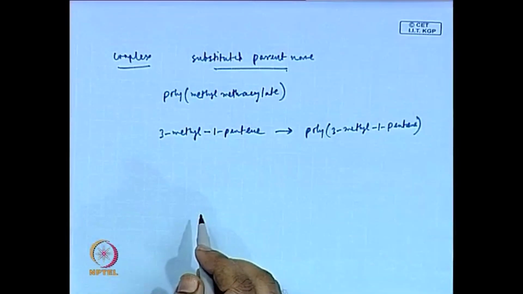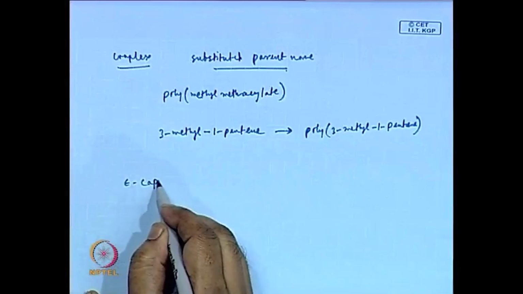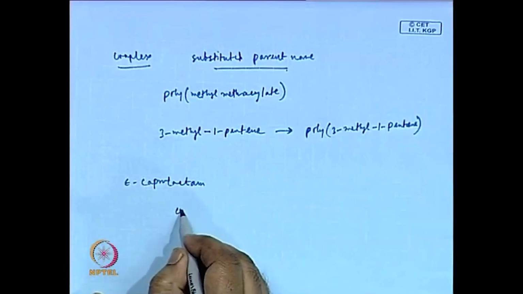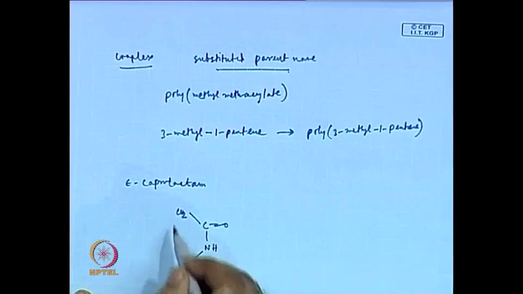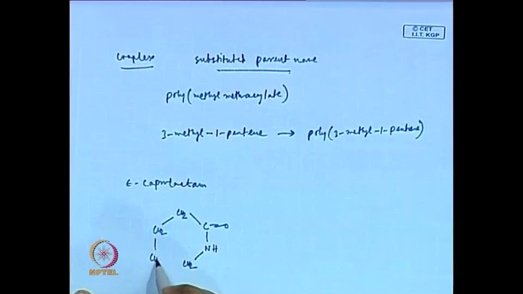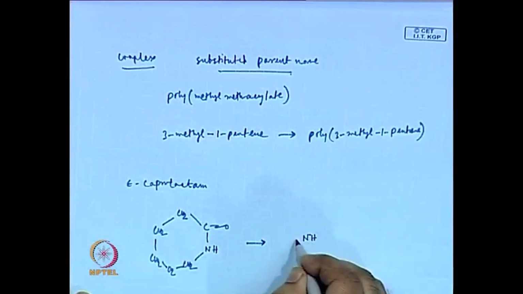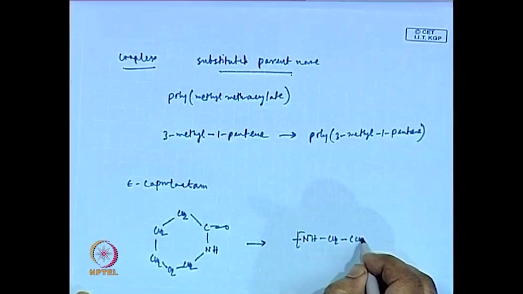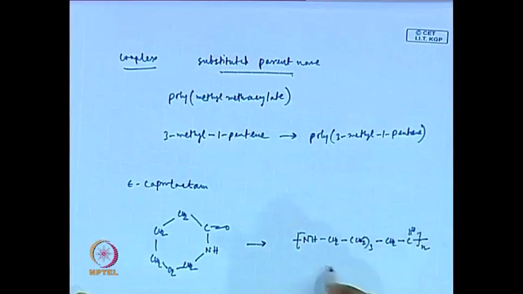So, if I have a monomer like this, caprolactam, by ring opening polymerization I can get this polymer.